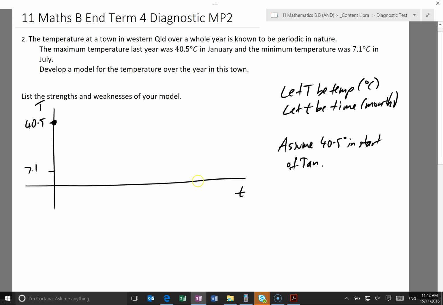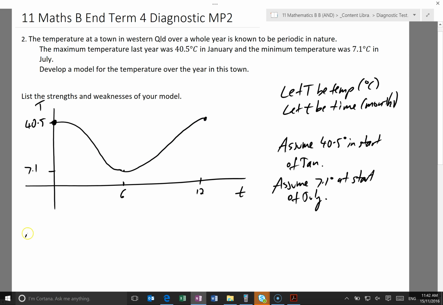And I'm going to go for a period of 12 months, and it'll be back to 40.5 again. We know that in July, so again, I'll assume this is at the start of July, pretty much at the 6 month mark, when exactly 6 months have passed, it's at the minimum temperature.